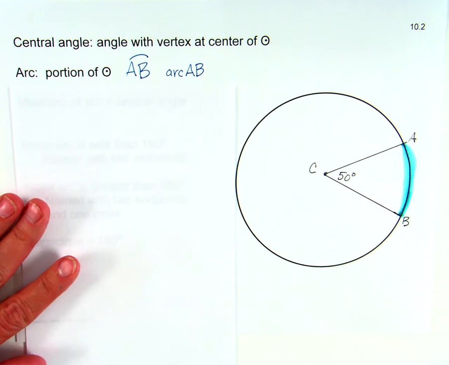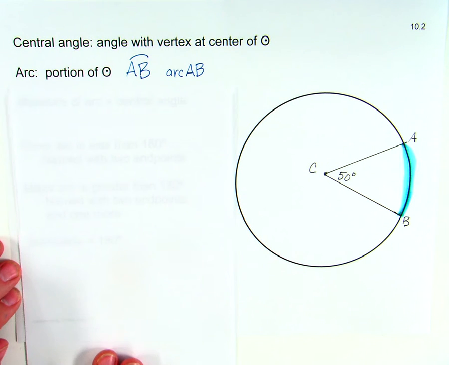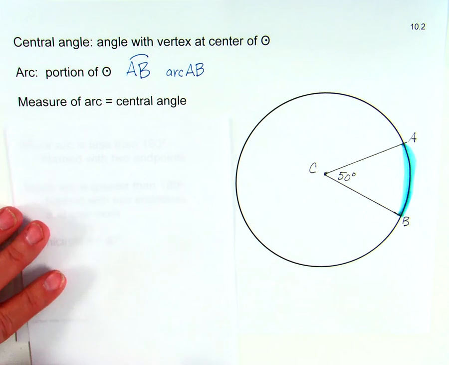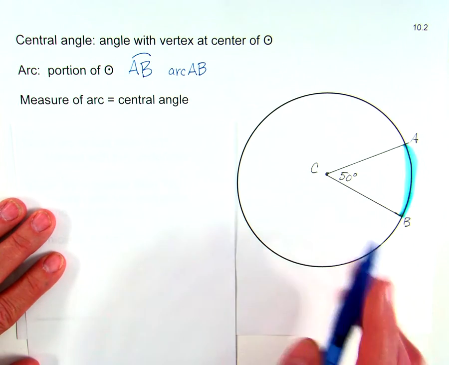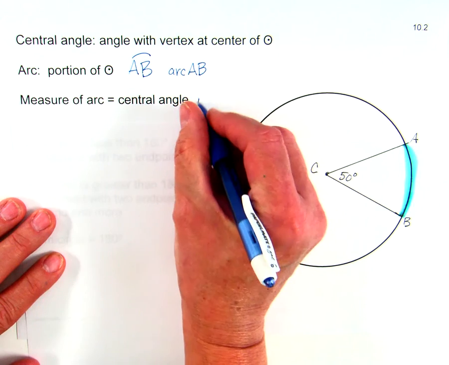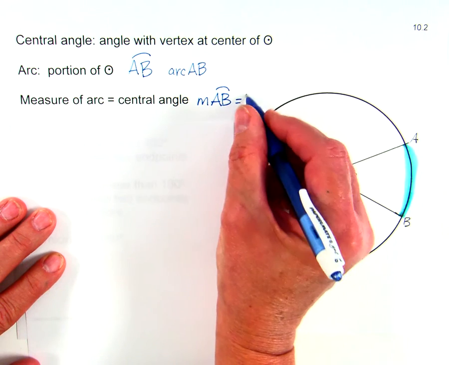Now something different about arcs and their measure. The measure of an arc is the central angle. So the measure of this blue arc AB is 50 degrees. We would say the measure of arc AB is 50 degrees.